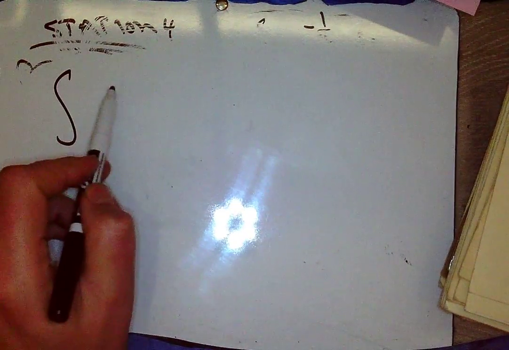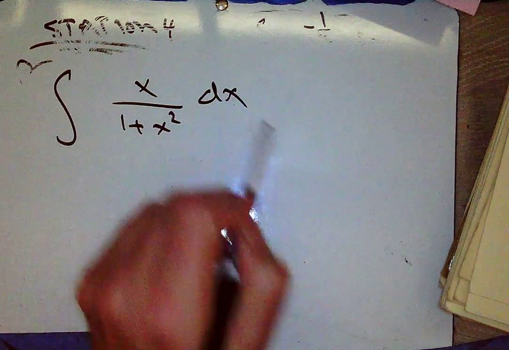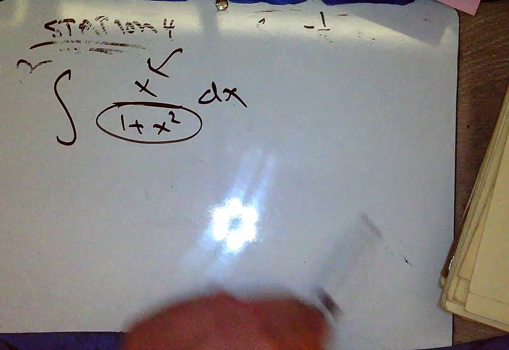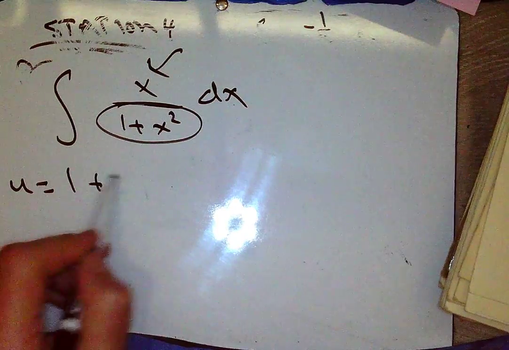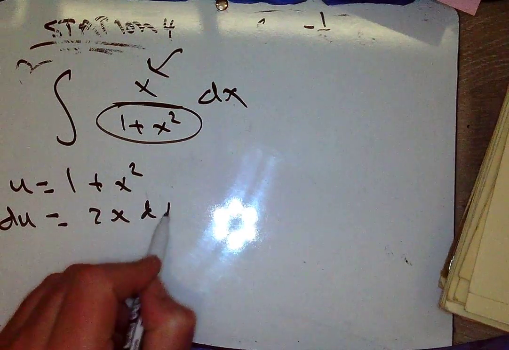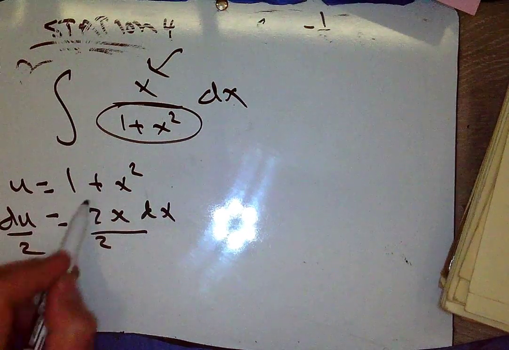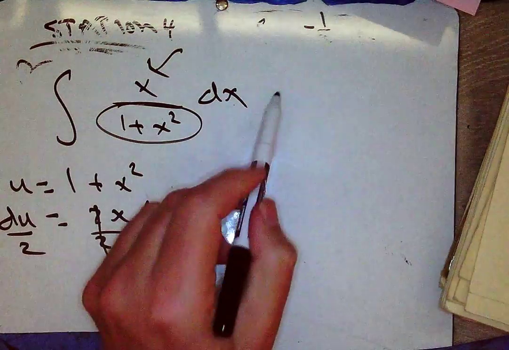So I've got the integral of x over 1 plus x squared dx. Again, I see a function, and I see part of the derivative of that function. So if u equals 1 plus x squared, then du is 2x dx. I have an x dx, so there's an x dx, and I can replace it with du over 2.